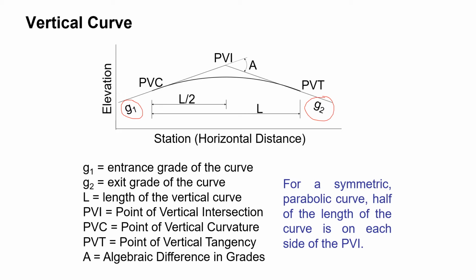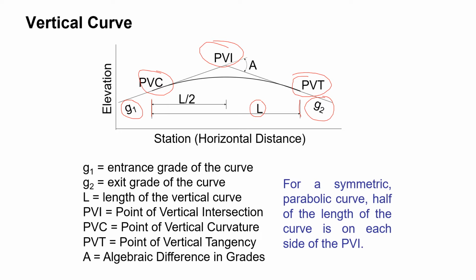The length is the straight line distance from the PVC to the PVT. The place where the grades intersect is the PVI, the point of vertical intersection. The place where the curve begins is the point of vertical curvature, the PVC. And the PVT is the place where the curve ends and you return to the grade. That's the point of vertical tangency, PVT.